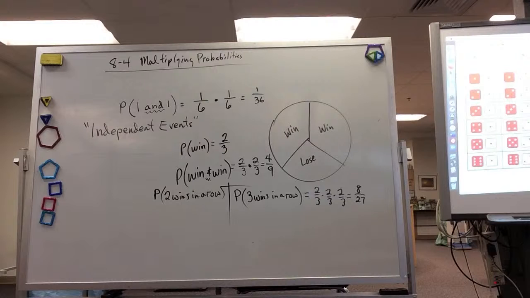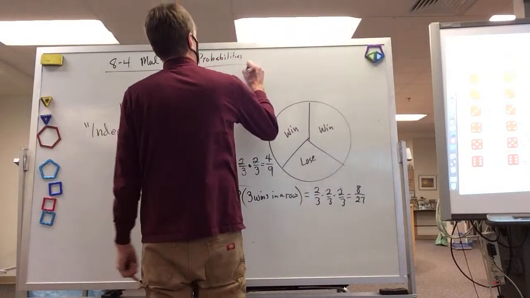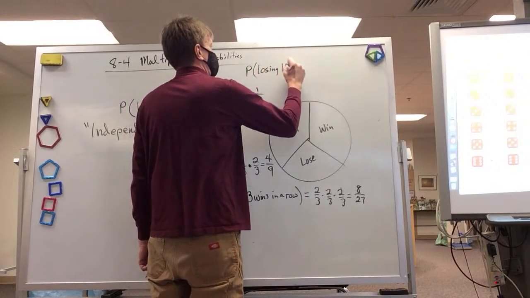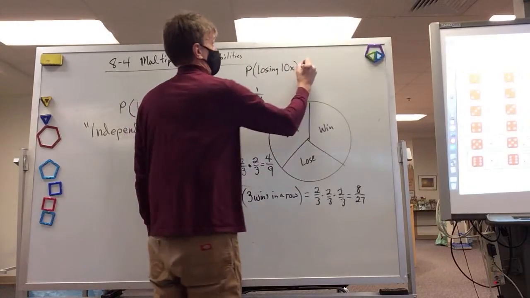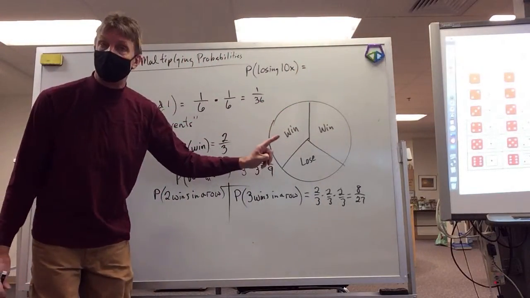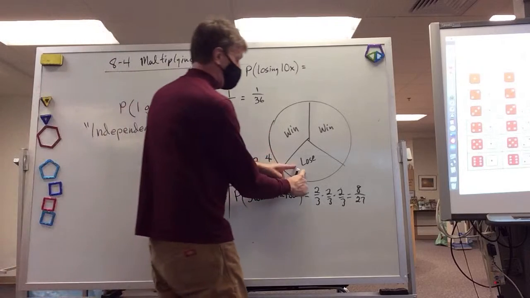Could you use exponents? Sure, you could use exponents. I guess that's a good point. Let's say the probability of losing 10 times in a row is my goal. So what's the probability of losing once? It's 1/3.